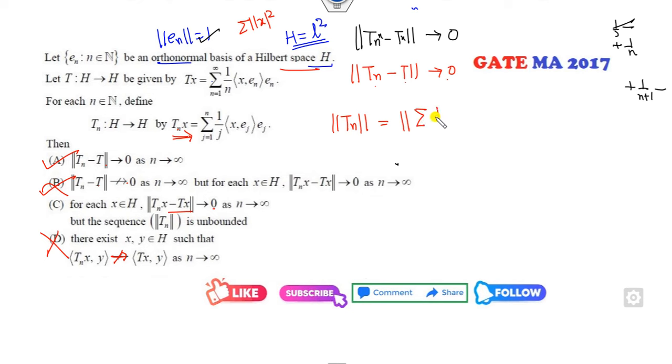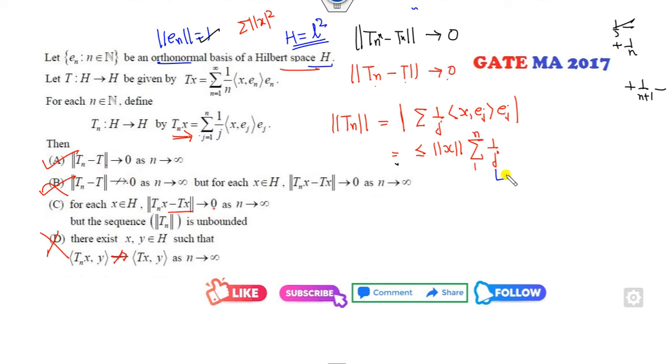I can take a summation over j of x comma ej of ej. Again I can apply this summation part, it will be less than or equal to the norm of x, the norm of ej is my 1, and it is my summation of 1 by j, where j varies from 1 to n.